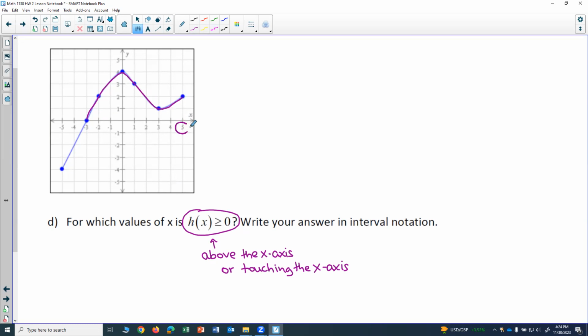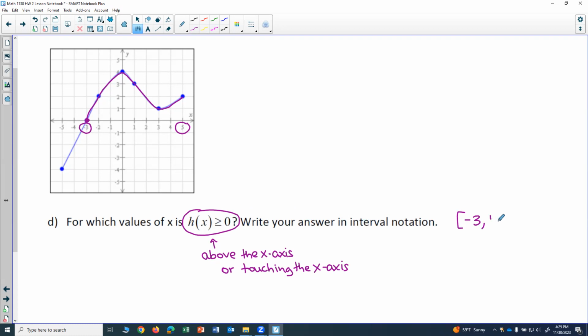So 5 is the largest x value. And then my graph is touching the x-axis at x equals -3. And so I'm going to include the -3 because of that or equals to.